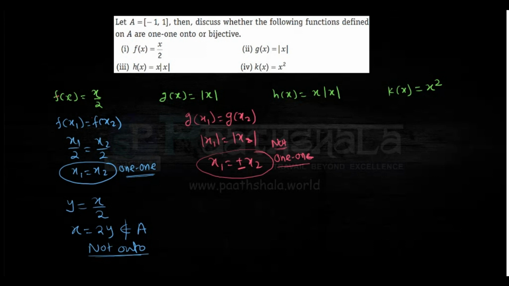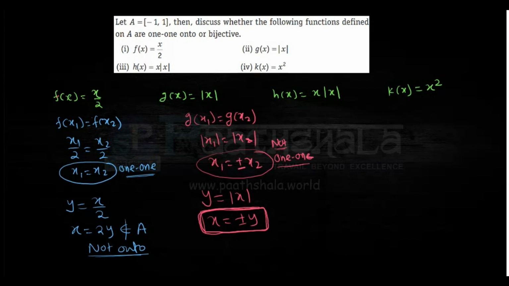For onto function we need to consider g of x as y. So y will be mod x and x will be plus or minus y. Here y is the output value and x is the input value for the function g of x equals mod x.